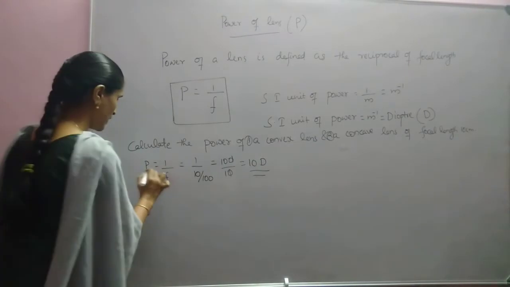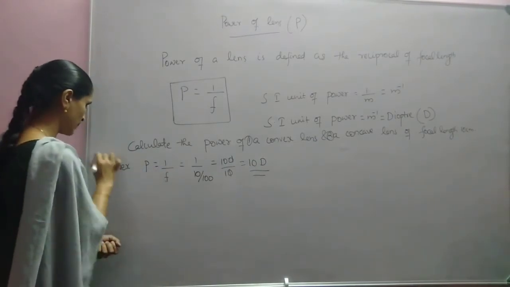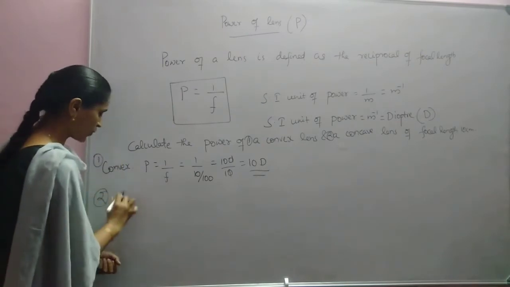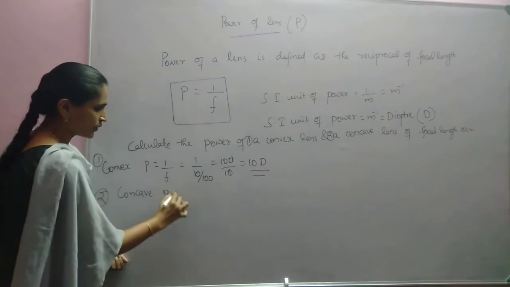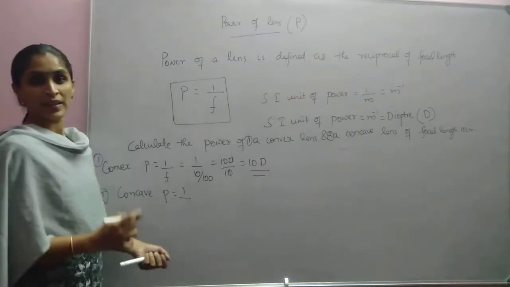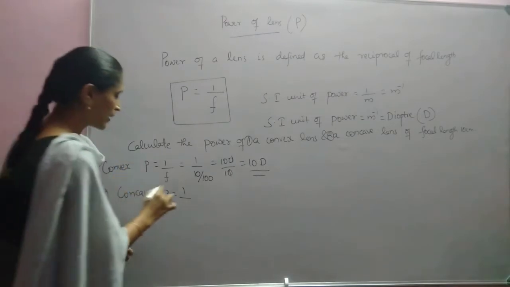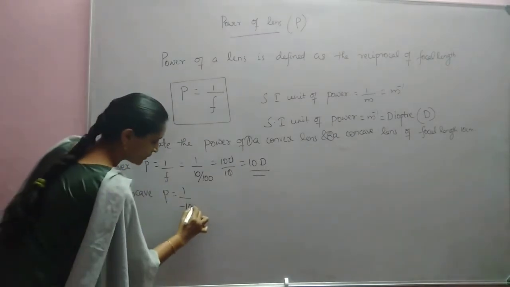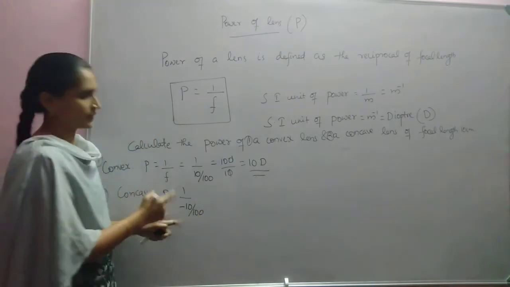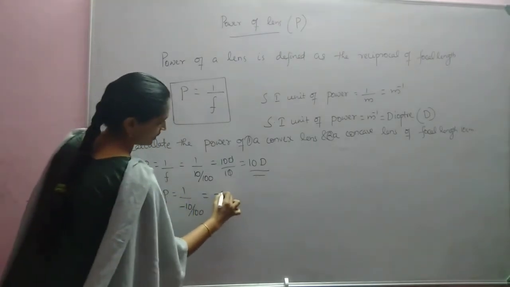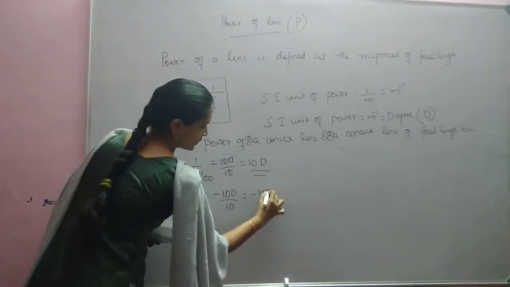In the case of concave, power is equal to 1 by f, and the focal length of a concave lens is negative, so power also will become negative. After the conversion from centimeter into meter, minus 100 by 10, which is equal to minus 10 diopter.